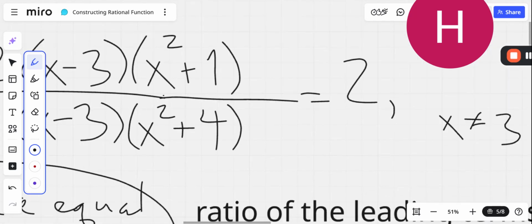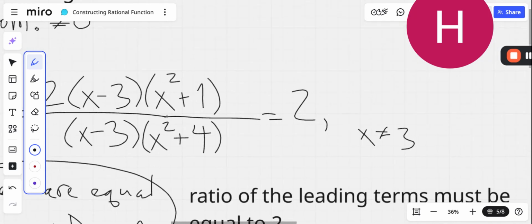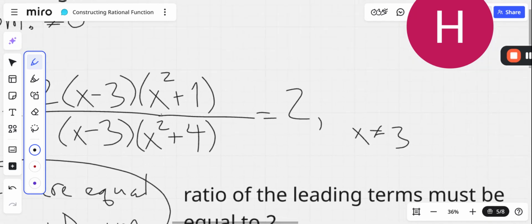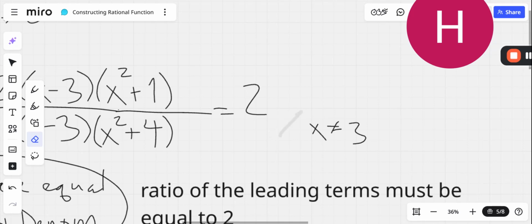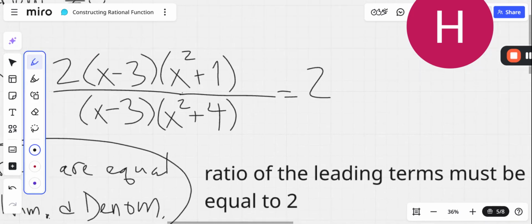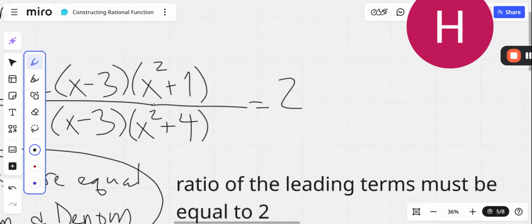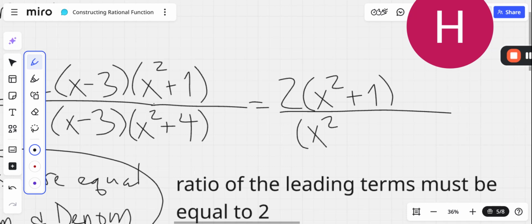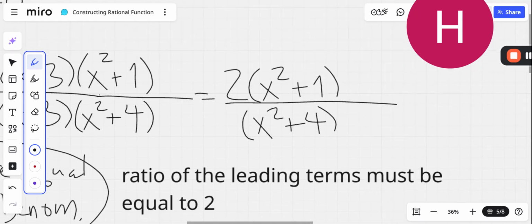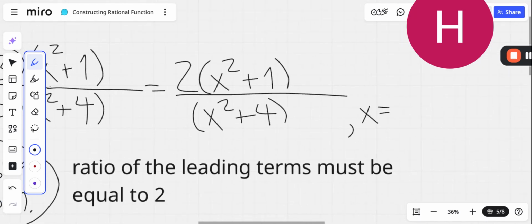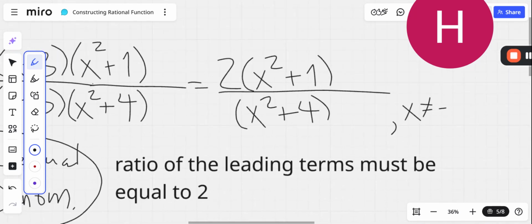But I just decided to make it simple, x squared plus 1. When you guys solve this, you could have put whatever you like. And so our simplified version of this equation is going to be a little different looking. It's still going to cancel the x minus 3's. But now we're going to have x squared plus 1 over x squared plus 4. And then let's mention, otherwise people wouldn't know, that x cannot equal 3.